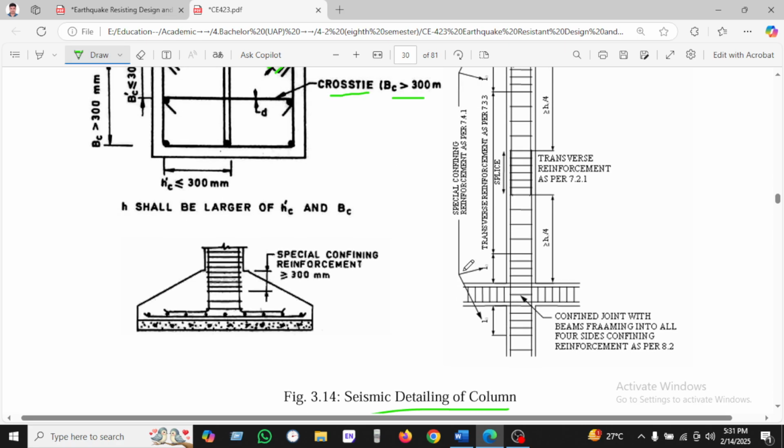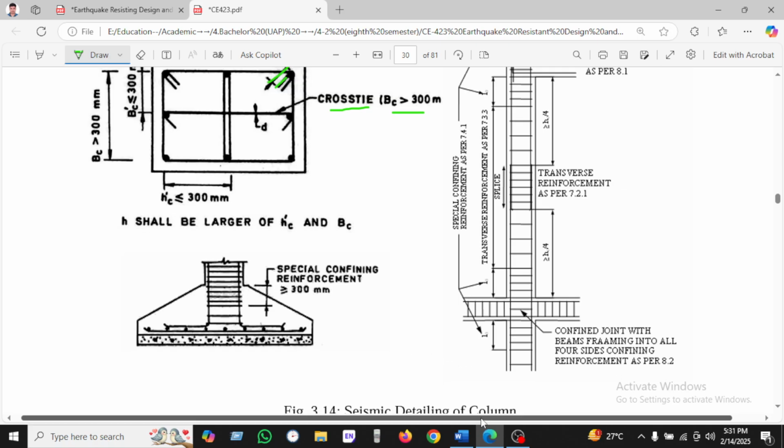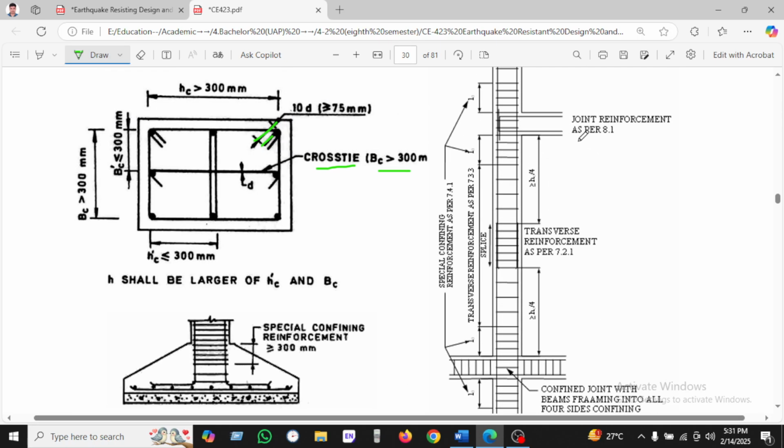Okay, we can see here this is the column with the joint reinforcement as per 8.1. You can see this is the tie, and the length will be h divided by 4, and this length will be h divided by 4. In this region we can use the tie or spiral with less density.